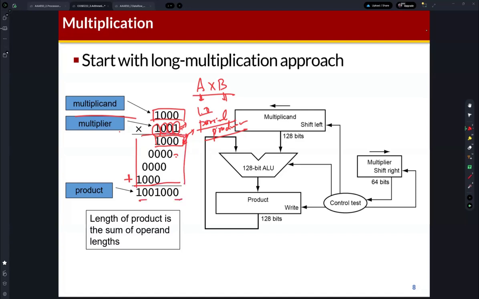So it's called a product, right? So this is the multiplication. But multiplication is more complex than addition. Why? Because for addition, we can just perform the addition of two numbers, right?